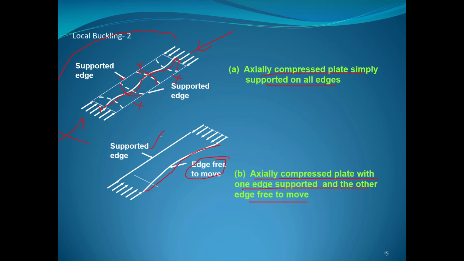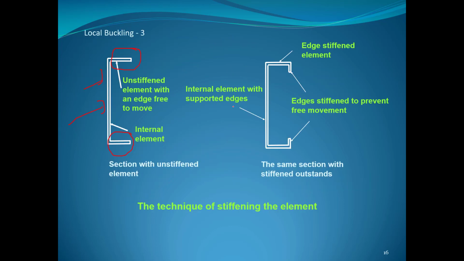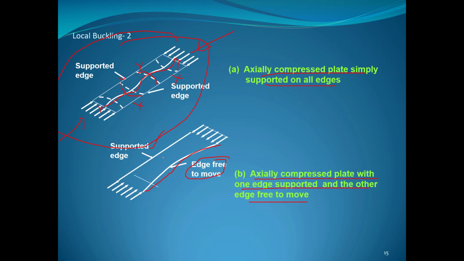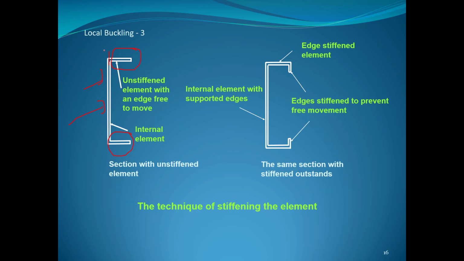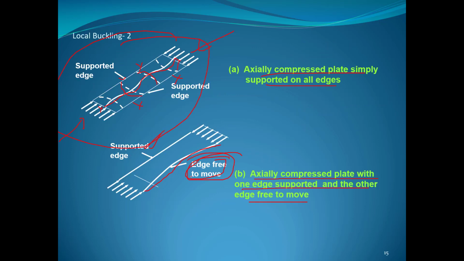This rounded portion will be similar to this plate, and upon the application of the compression load, these members are like case two. One edge is simply supported, and one edge is free to move. So we have one edge supported and one edge free to move, and this will have a deformed shape like this.